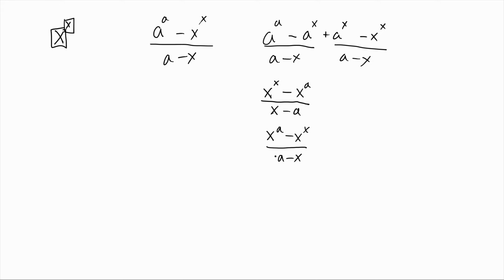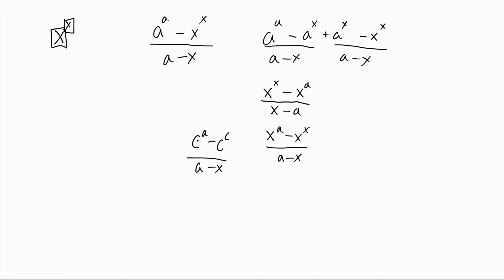So what's going on with this? x is a constant everywhere here. So we're not concentrating on so many x's, let's just call it c for a minute. So c to the a minus c to the c all over a minus c.